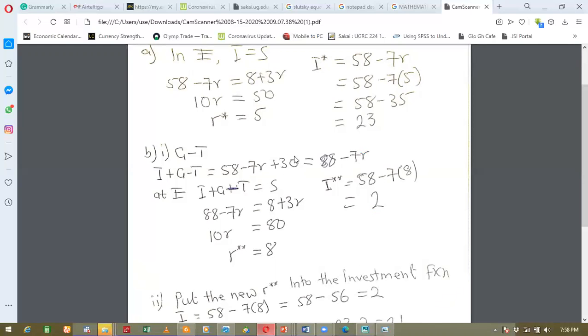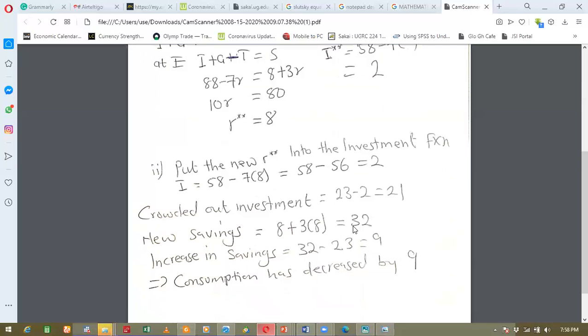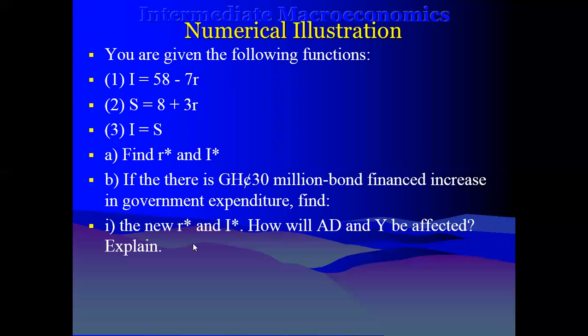Government expenditure increased by 30, but collectively investment and consumption has decreased by 30. So there's no change in aggregate demand at all, and if there's no change in aggregate demand, it means that there's no change in output. AD will not change and Y2 will not be affected at all.